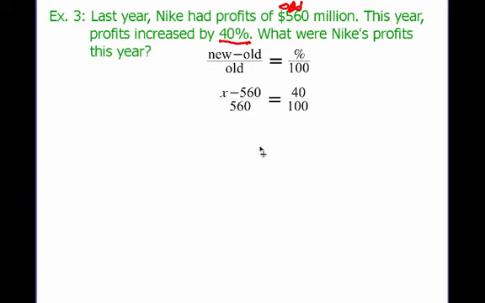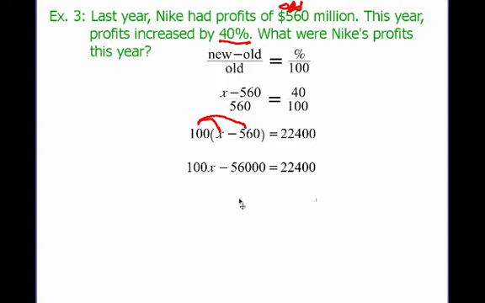We're going to cross multiply. 100 times x minus 560 is just that, 100 times x minus 560. 560 times 40 is 22,400. Now I have to distribute 100 times x and 100 times 560, which gives me 100x minus 56,000 equals 22,400.